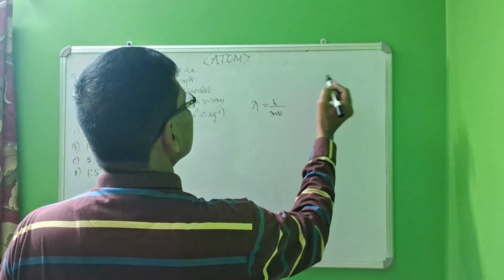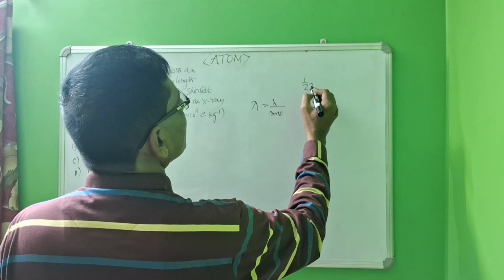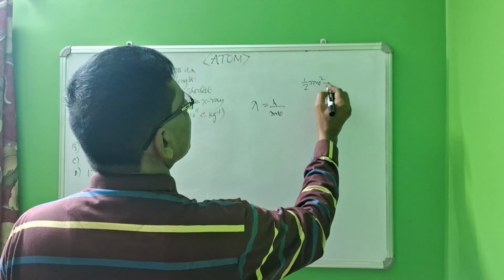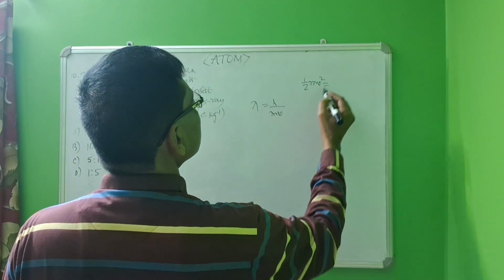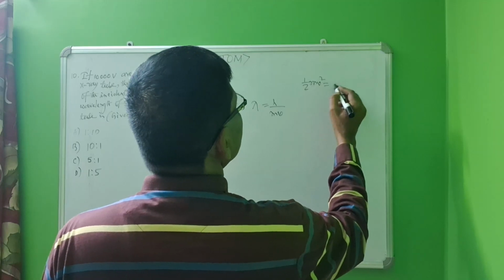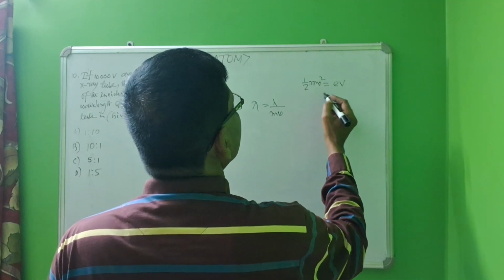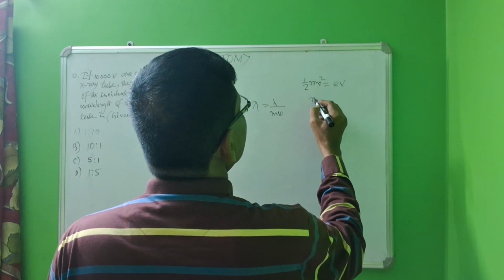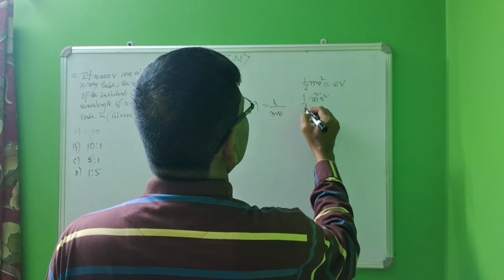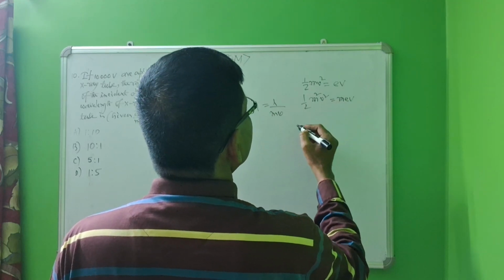Where we get half mv square equals eV. So m square v square, half m square v, equals meV.